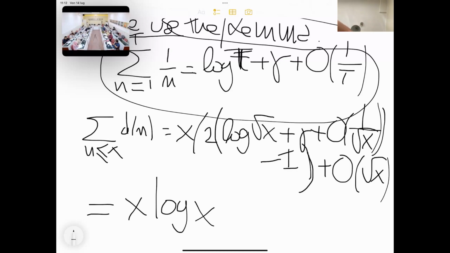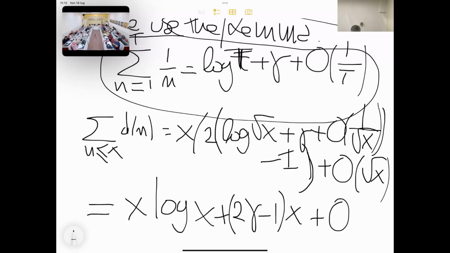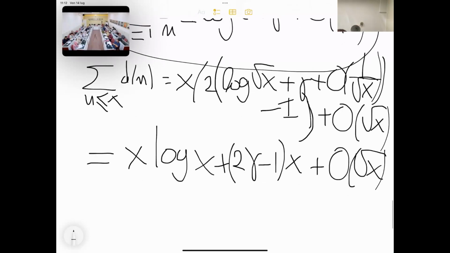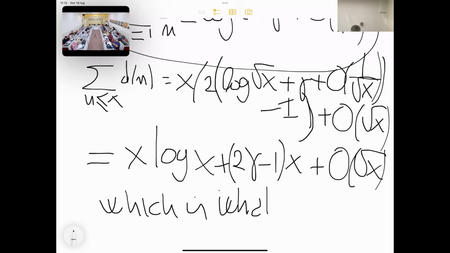Then I have a plus 2 gamma minus 1 times x. And then I have x times O of 1 over square root of x. Well, it's very easy to check that all the error term is of this sort, which is what we wanted to prove.